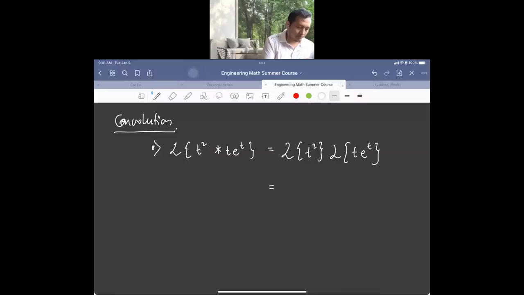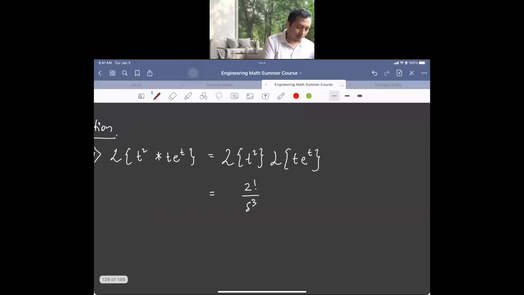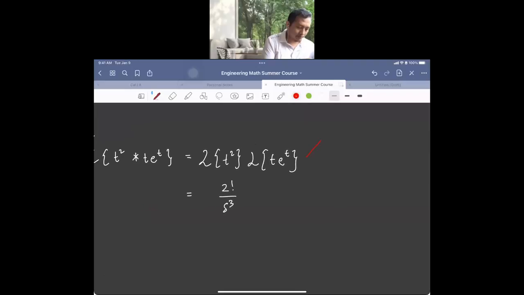So this Laplace will be 2 factorial over s cubed, and then multiplied with Laplace of t e^t. We can start with, if we want to use derivatives, we take negative d/ds of 1 over s minus 1, right?